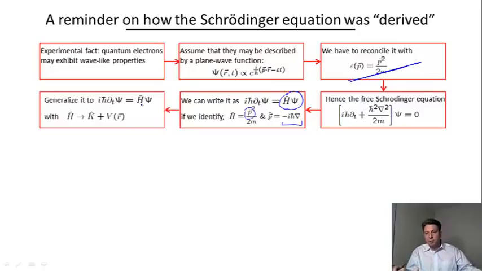And the last step in deriving, again in quotes, the Schrödinger equation was to generalize this energy operator, called Hamiltonian, from being the free energy operator, which is just p squared over 2m, to kinetic energy plus potential energy.